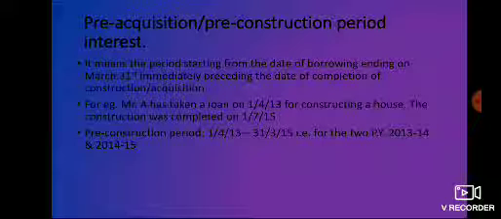Since the date of completion is 1st of July 2015 and 31st March immediately preceding 1st July 2015 is 31st March 2015, the pre-construction period will be for two previous years, that is 2013-14 and 2014-15.